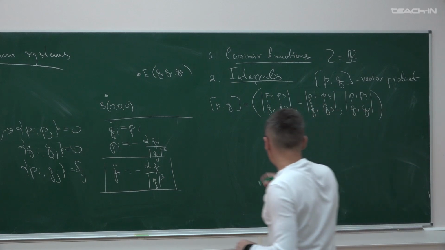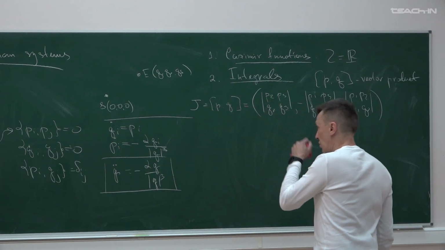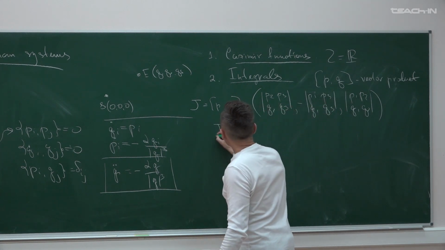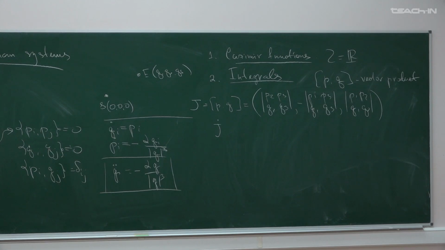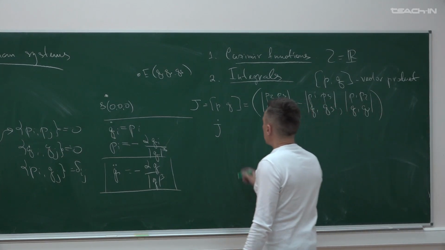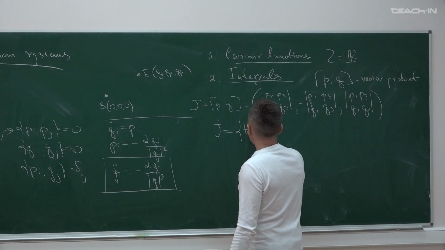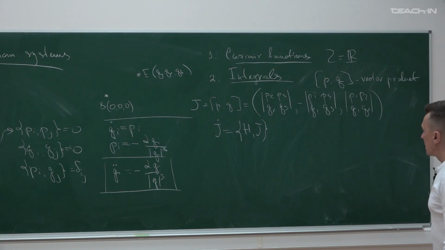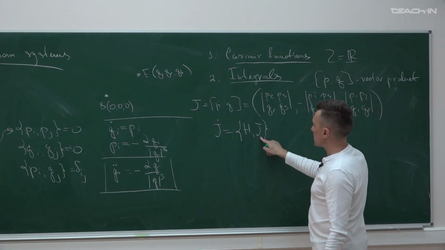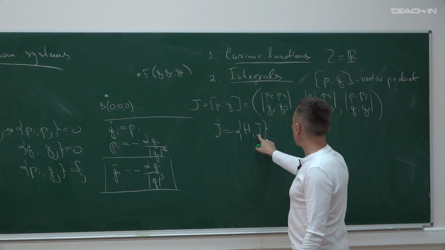So normally it is denoted as J. So I'd like to calculate its dynamics. And it is described by the Poisson bracket of our function H with this vector valued function.